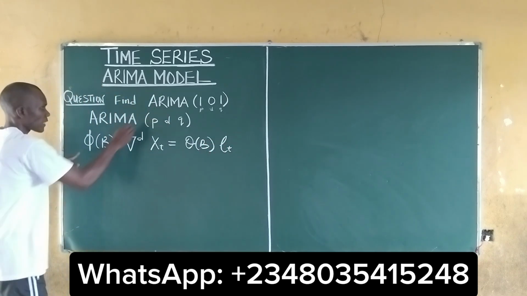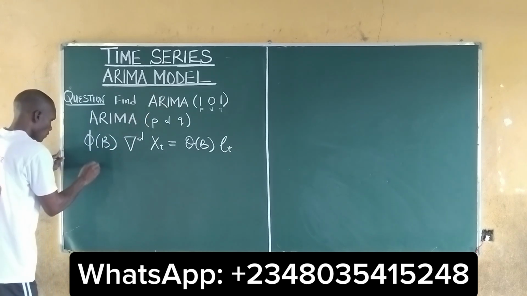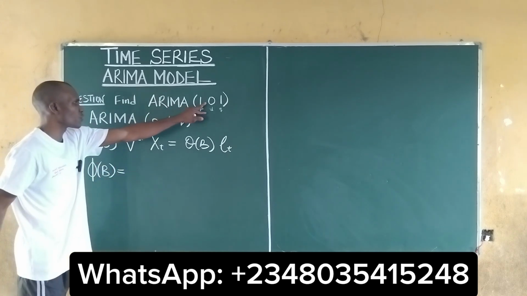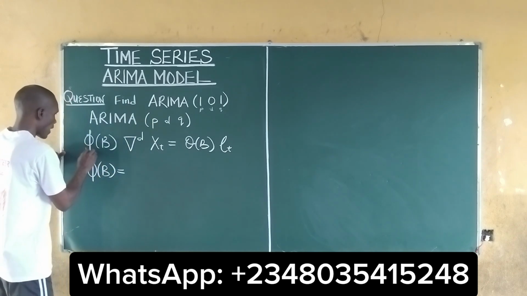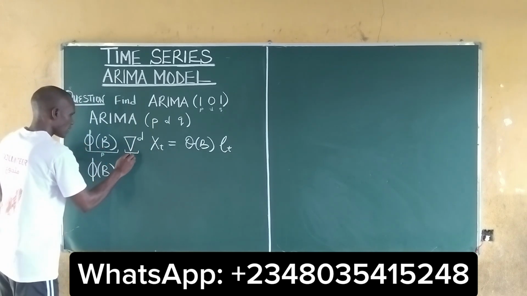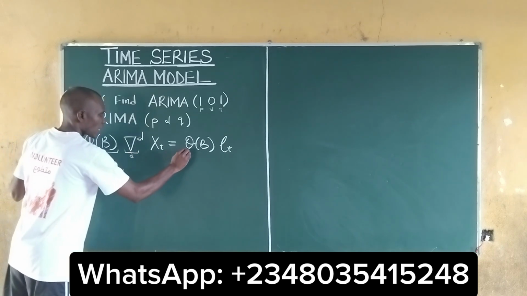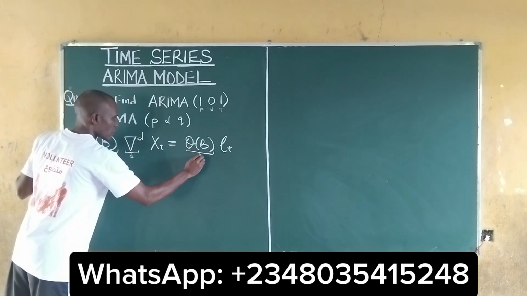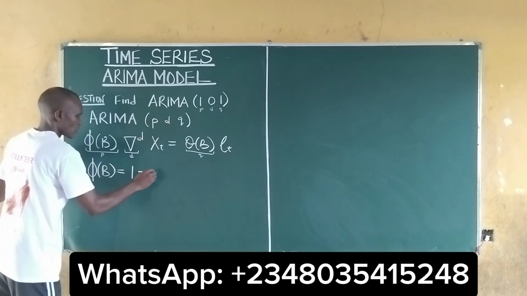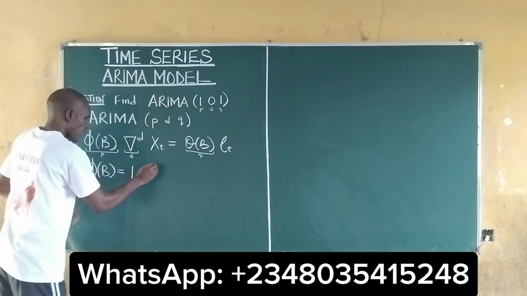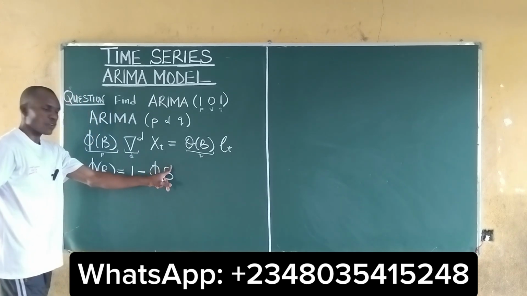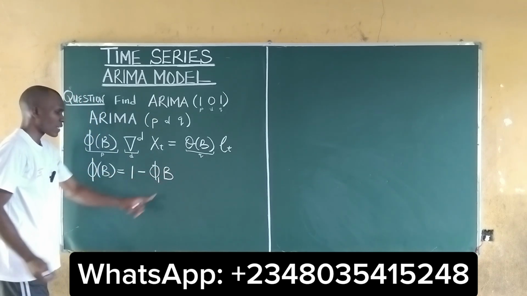Now, for this part from the question given, we have φ(B) to be equal to, this is just 1 because the whole of this part is p, the whole of this part is our difference, and the whole of this part is q. So we have 1 minus, since it's just 1, φ1, then B is supposed to be 1 here, but we can still write it like this.